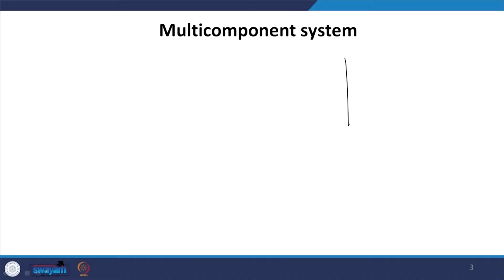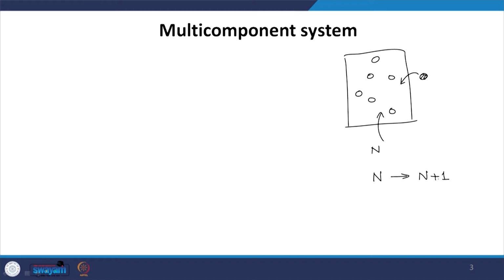But let us say I have a system containing some molecules n, and I want to add a new molecule to the system, going from n molecules to n plus 1 molecules. When that foreign molecule moves in, it must be carrying some energy from where it is coming.